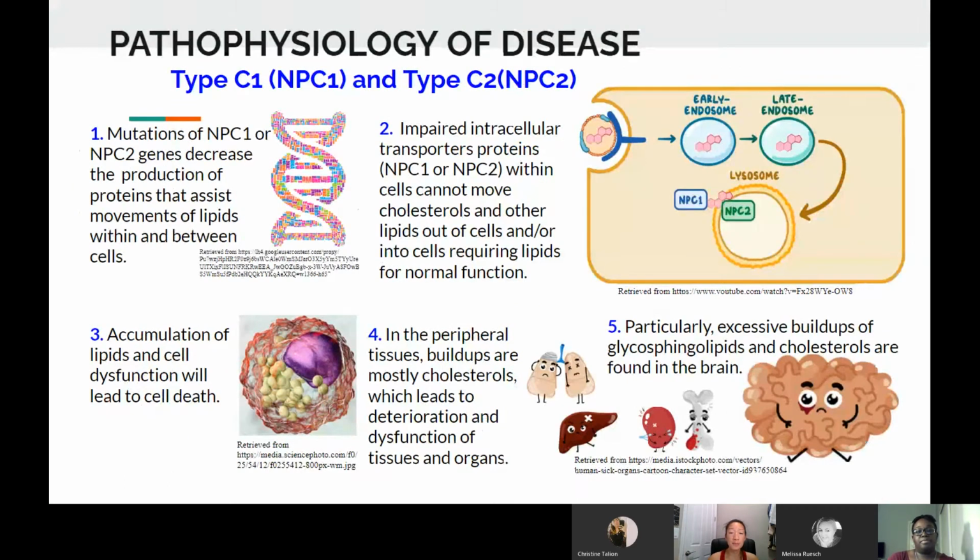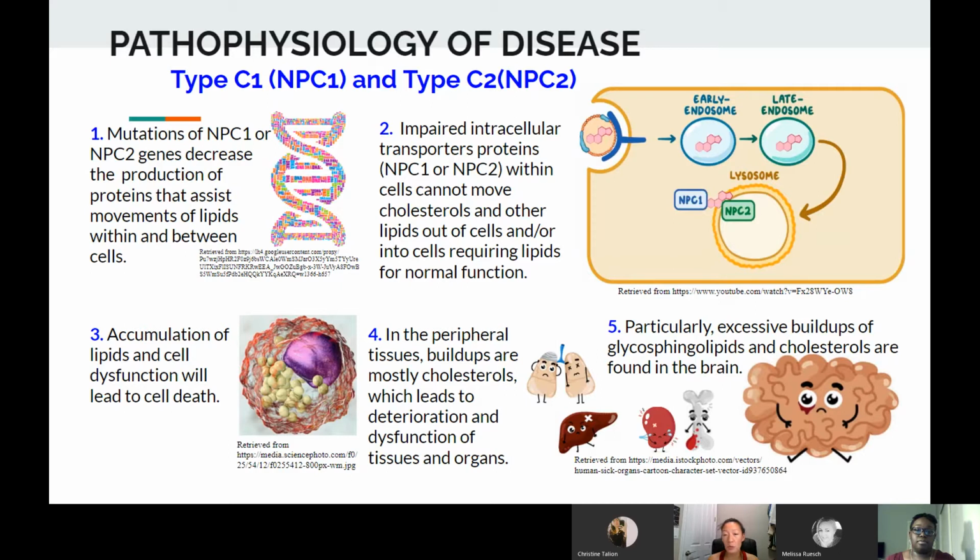For type C, it's a mutation of the NPC1 or NPC2 genes, which will decrease the production of proteins that assist in movements of lipids between cells and within cells. Take a look at the diagram on the upper right corner.